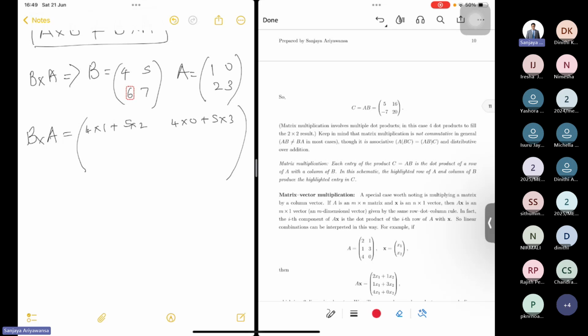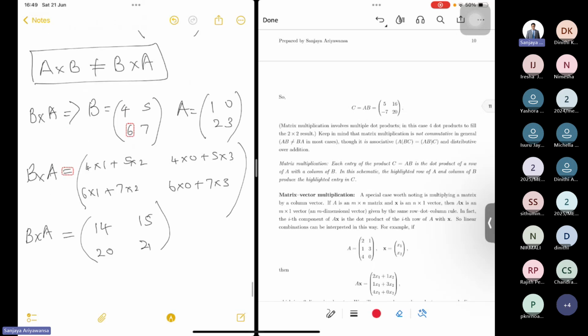The other component is the second row, first column: 6 times 1 plus 7 times 2. Then second row, second column: 6 times 0 plus 7 times 3. So you get 4 plus 10, which is 14 here. You have 15 here. You have 6 plus 14, which is 20, and 21. So you see, this is B times A.